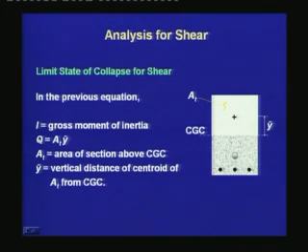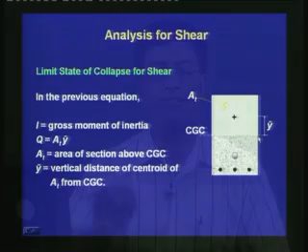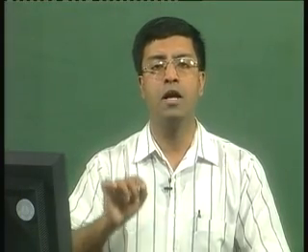That means Q is equal to A_T times y tilde, where A_T is the area of the section above CGC and y tilde is the vertical distance of the centroid of A_T from CGC. The shear stress at CGC is equal to Vc0 times Q divided by IB. This expression we learn from basic structural mechanics.